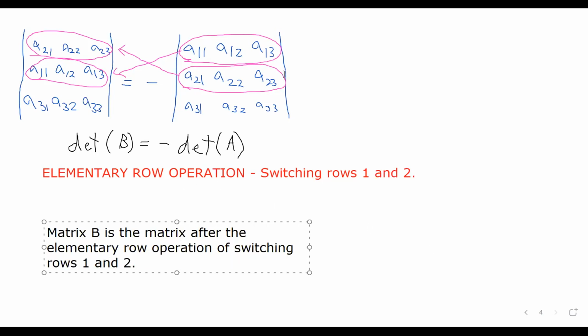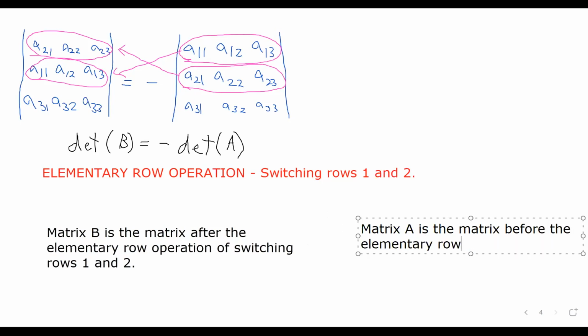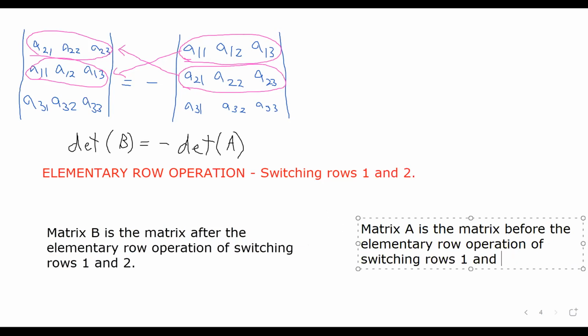And matrix A is the matrix before the elementary row operation of switching rows 1 and 2. So our equation here is relating the determinants before and after this elementary row operation.